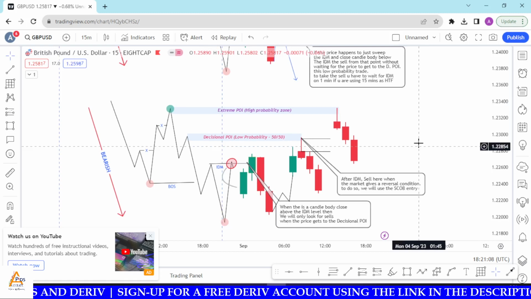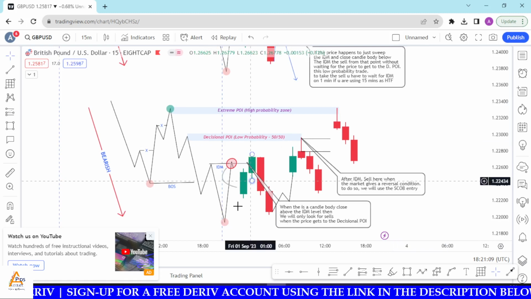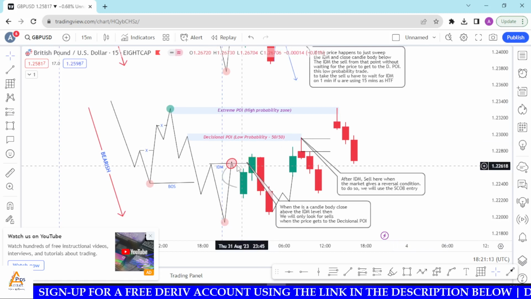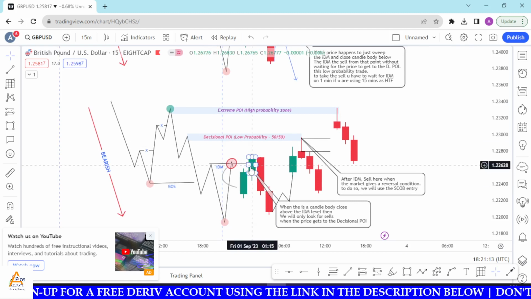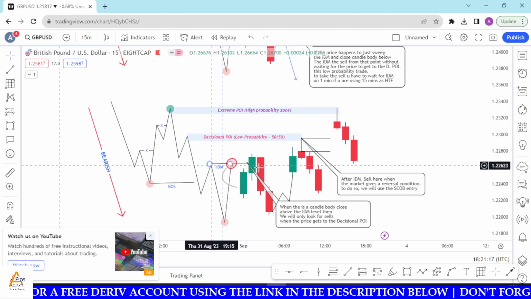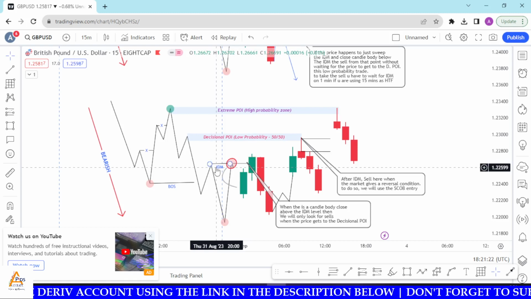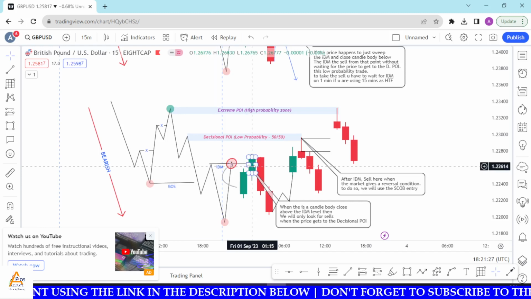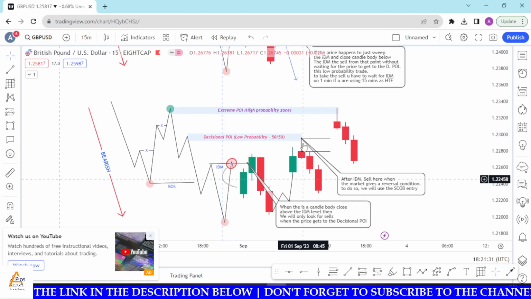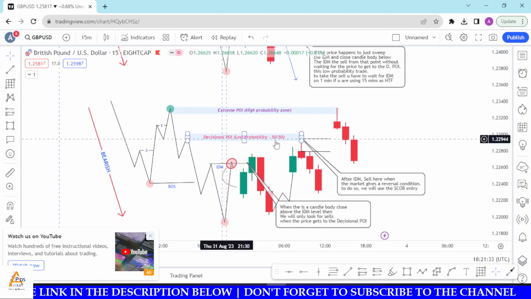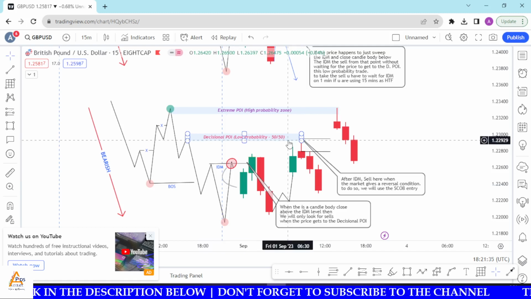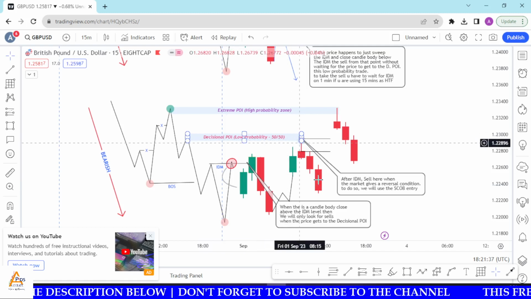Okay, so this is what I wanted to explain. Let's say your inducement, but this time you see the candle body closed above the inducement. It was the candle body that took out the inducement. In this scenario, what you do is you wait for price to come to your decisional POI before you make entry decision.